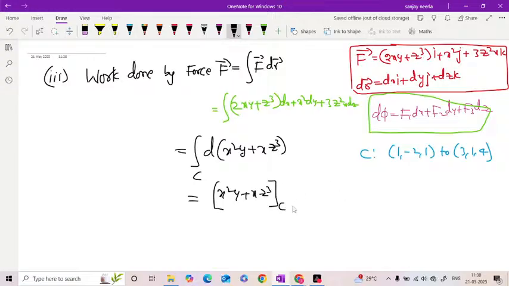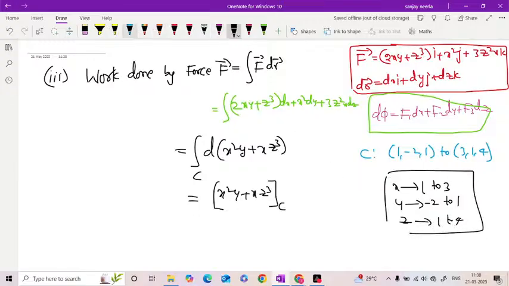Now just substitute the limits: x value is 1 to 3, y value is minus 2 to 1, and z value is 1 to 4 in this result. Now the upper limit is the point 3 comma 1 comma 4, and the lower limit is 1 comma minus 2 comma 1.